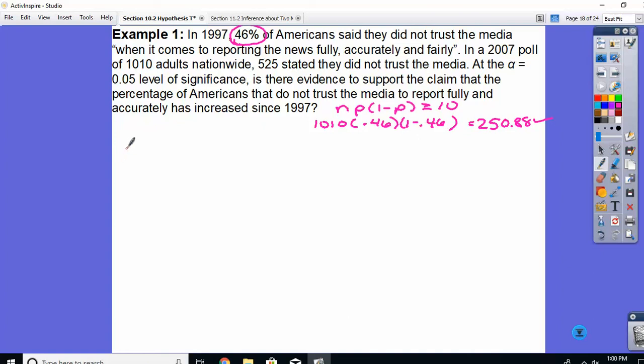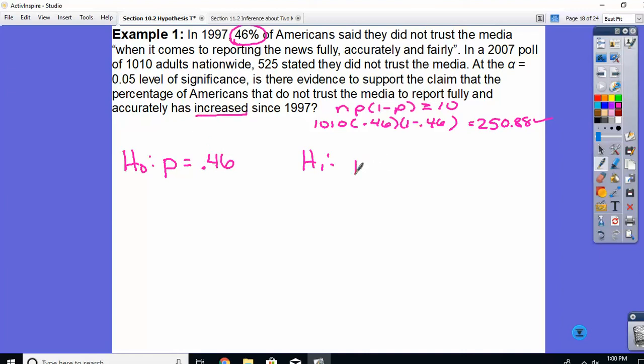So let's kind of walk through the steps. The very first thing you need to do, yeah, they start out the same. So I'm just going to do those, and then I'll branch off and show you the two options. So we always start out with the null and alternative. So we're talking about the percent, so that's my p. The null would be p equals 0.46. I am trying to decide if it has increased.